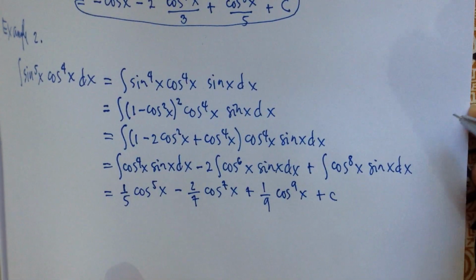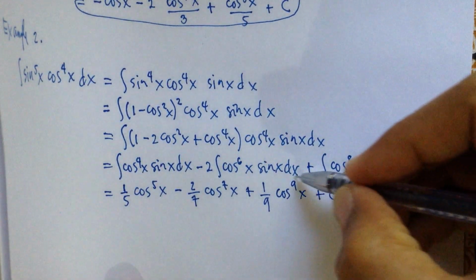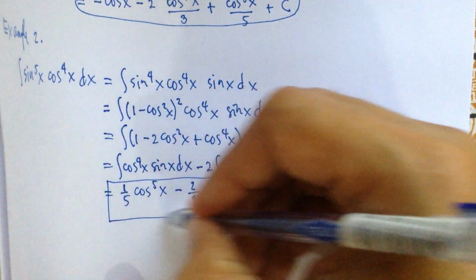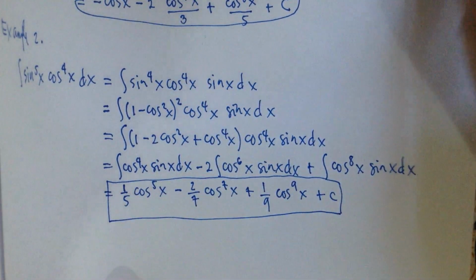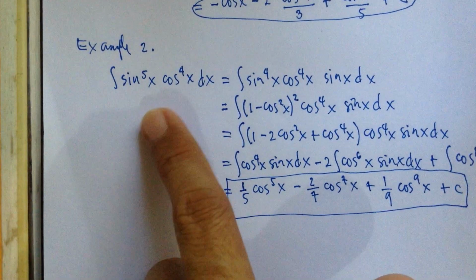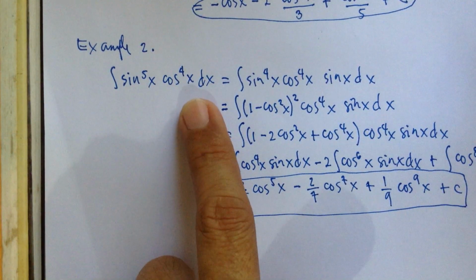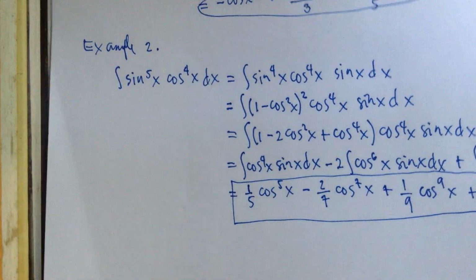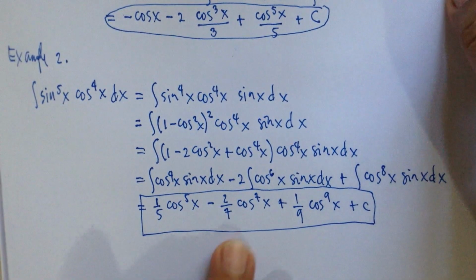Okay, so we have the integral of sine to the 5 of x cosine to the 4 of x dx, which is equal to this.